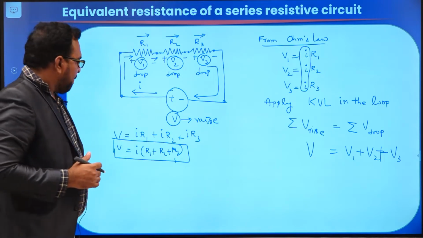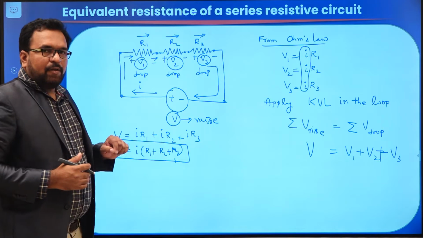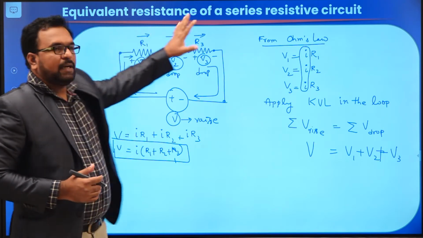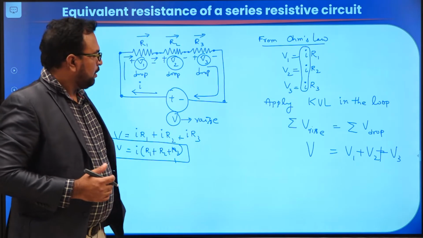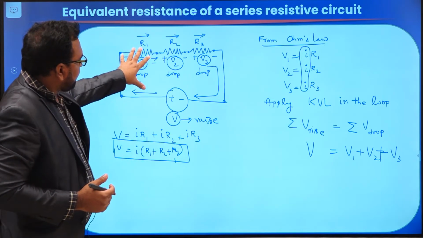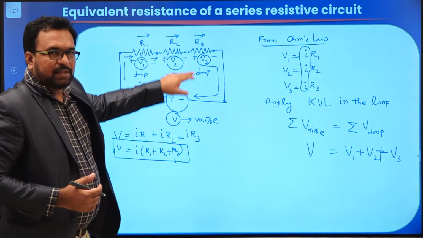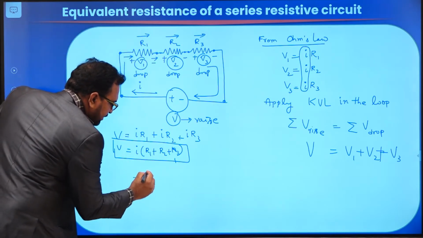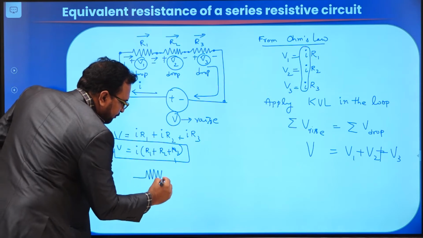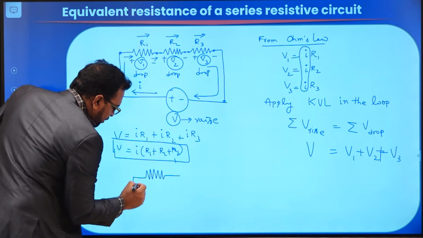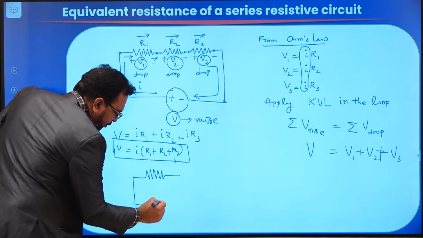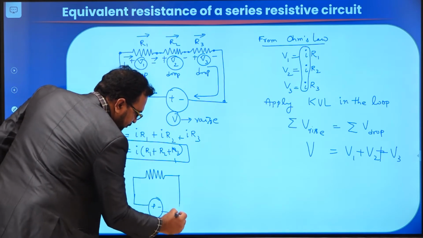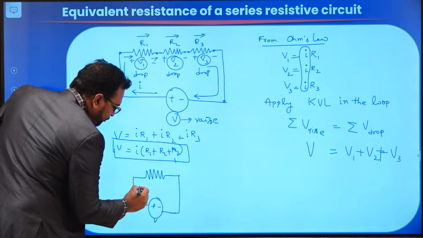Okay. Now here also we don't know the value of I, that we can determine later. But here our objective is to calculate the equivalent resistance. Now I am going to replace this circuit with a single resistor. I am going to remove these 3 resistors and place a single resistor, such that when you apply the same voltage V, the same current I should flow.